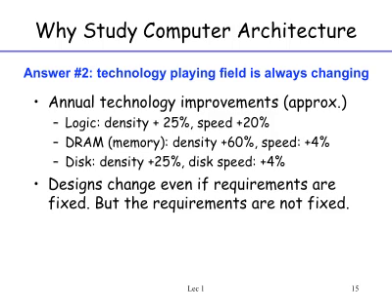There are many different pieces in the computer system. Processor is one of them, but processor has to talk to other subsystems, for example, memory and I/O devices. For logic, the speed follows Moore's law.